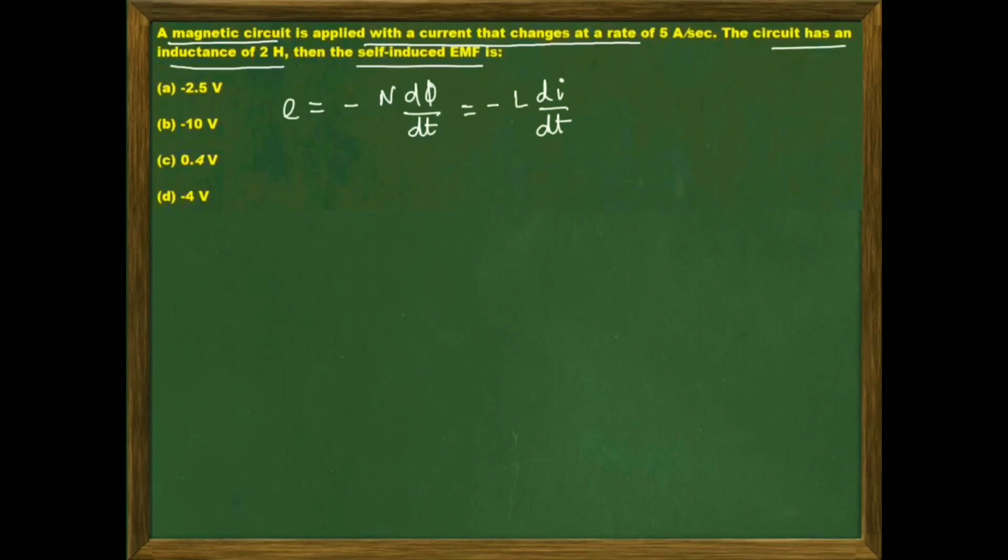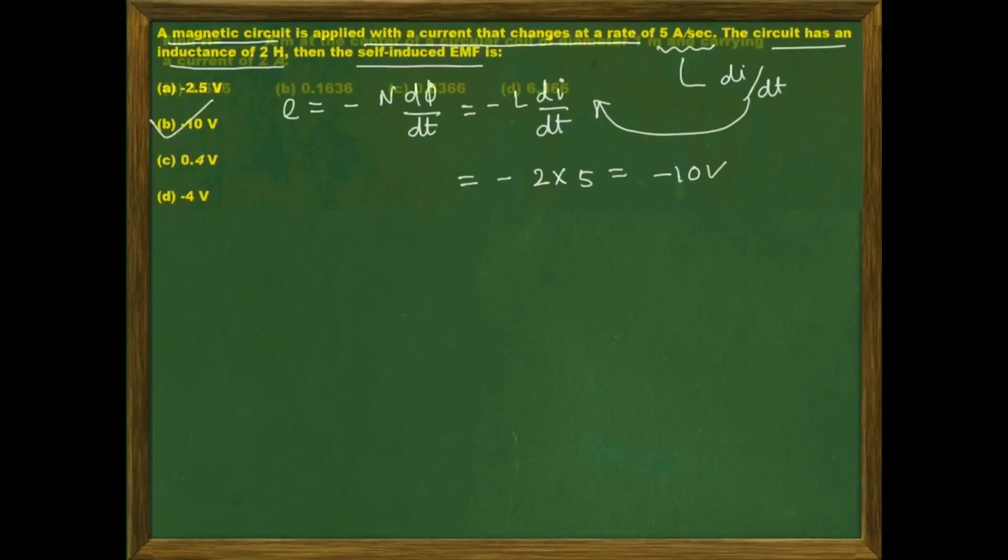In this question di by dt is given as 5 ampere per second. So put this in this expression, we get 2 into 5 equal to minus 10 volt. So your option B is the right answer.